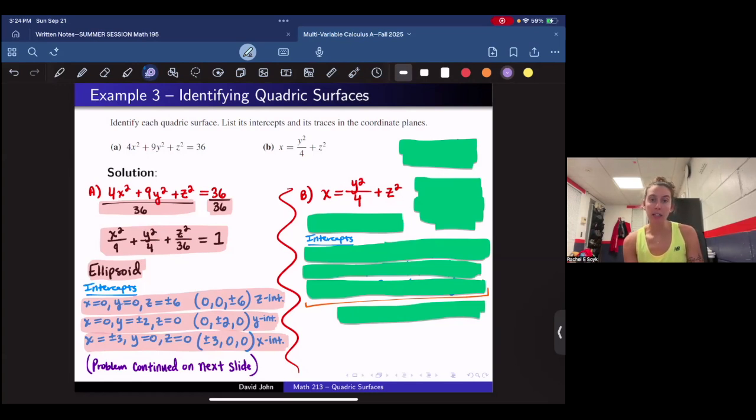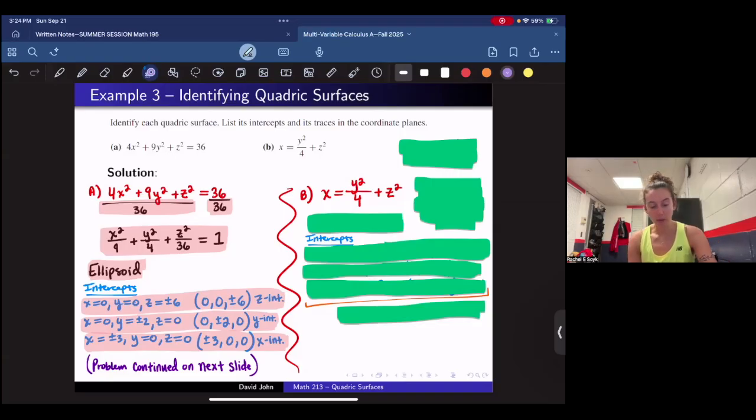Let's go ahead and do part B, where we figure out what quadric surface we're talking about, and then we identify the intercepts before we go on to the next slide, where we'll be finding the traces for both our problems A and B. And then I'll once again show you guys a visual of what that looks like.